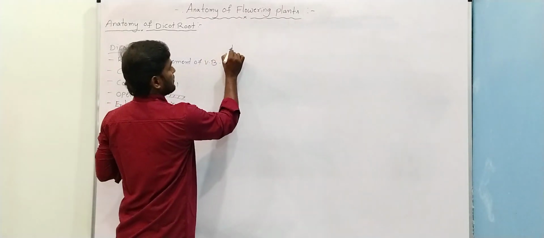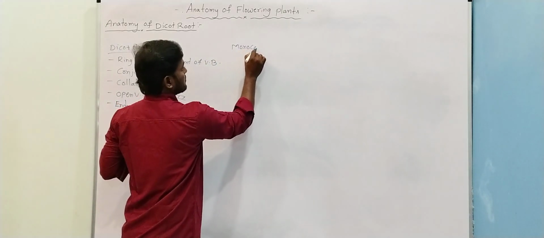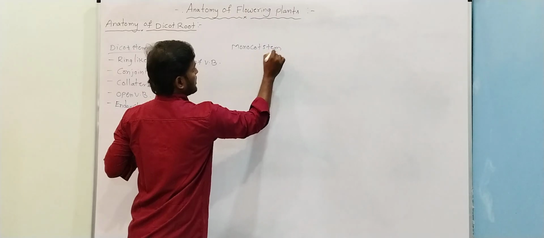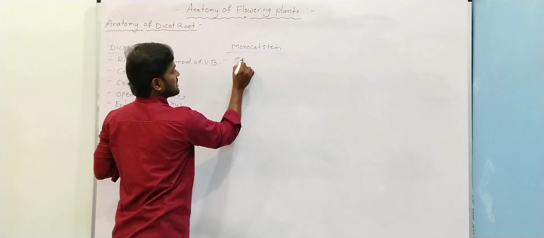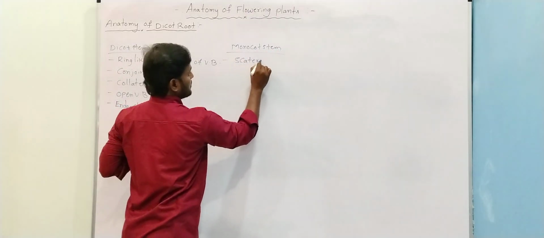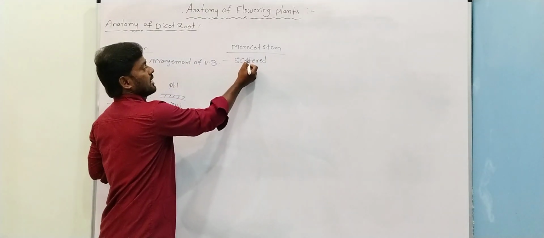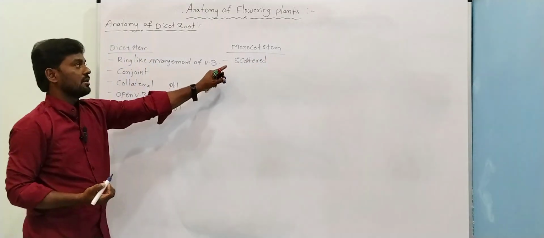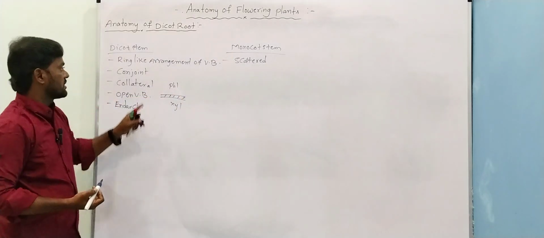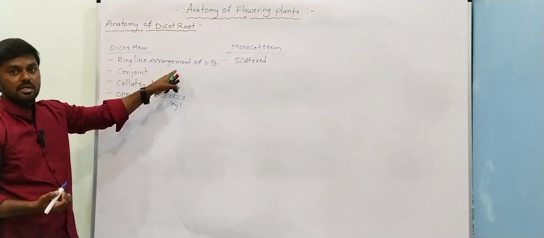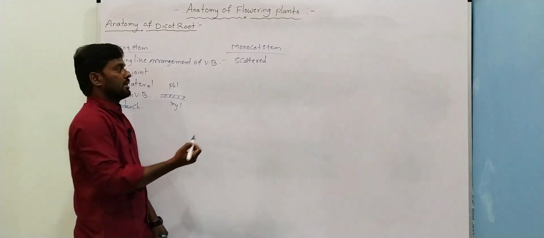And next, in case of the monocot stem, the vascular bundles' main character is scattered. So the main character is the scattered arrangement of vascular bundles in the monocot stem. In the dicot stem, the vascular bundles are arranged in a ring-like arrangement.